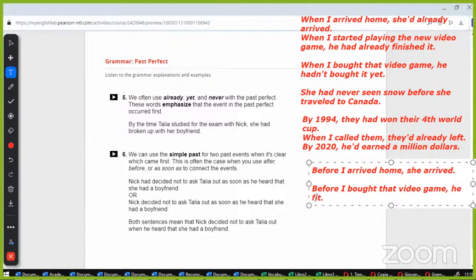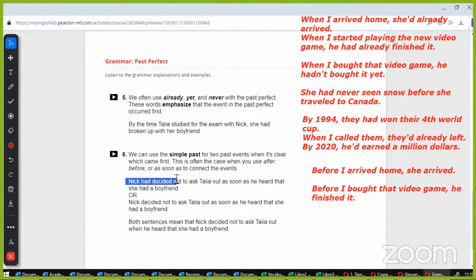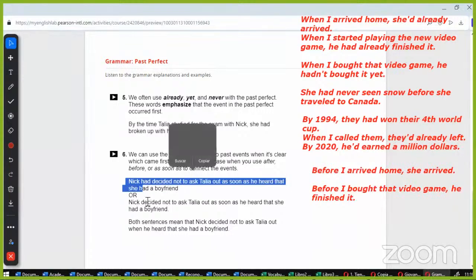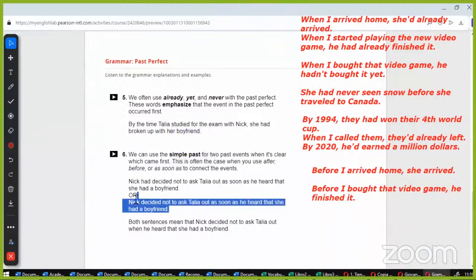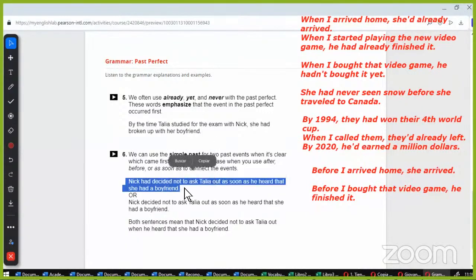Or he finished. You could say that, but again, it's much better to use the past perfect. Like here, Nick had decided not to ask Talia out. He heard that she had a boyfriend, or Nick had decided not to ask Talia out as soon as he heard that she had a boyfriend. So both have the same meaning. However, for the TOEFL, of course, I would recommend using the first one.